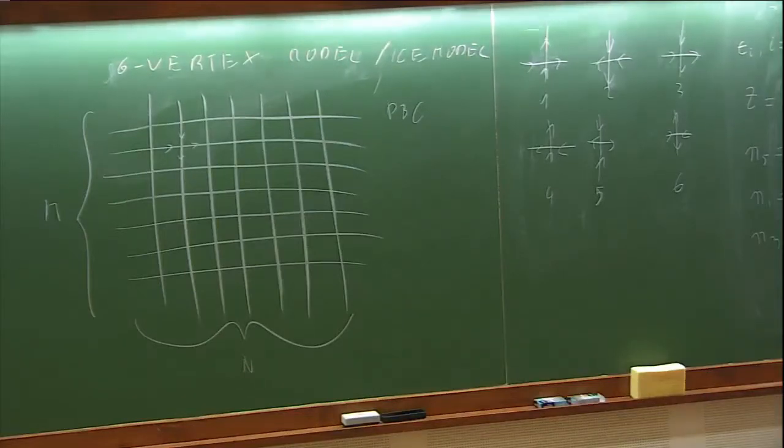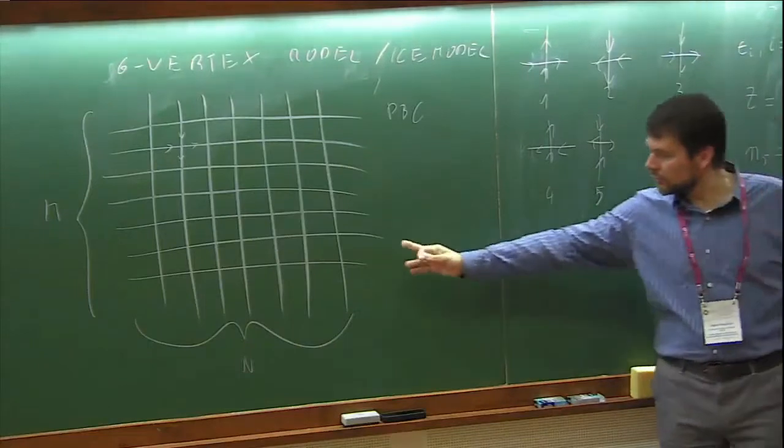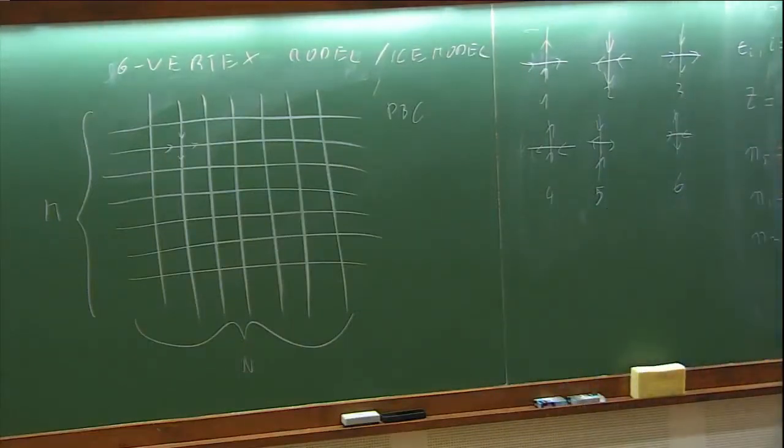So that I have 2^n cross m configurations that I need to consider in this sum. But I use translational invariance to reduce it to a problem of just 2^n configurations, and then I can take this to a thermodynamic limit.